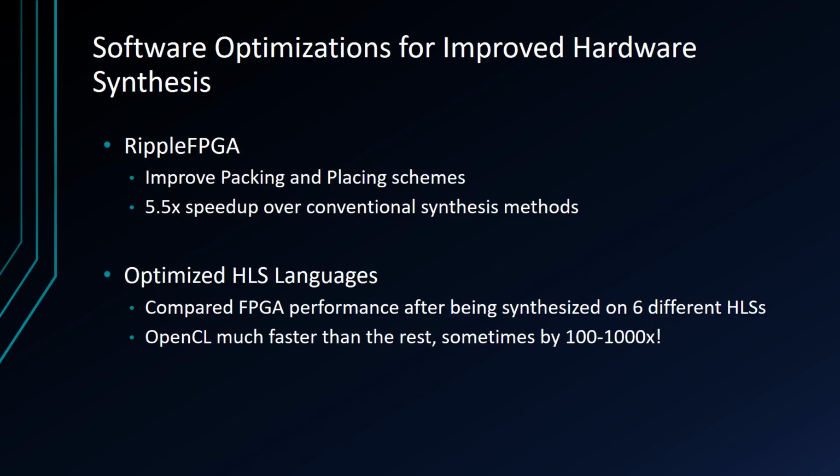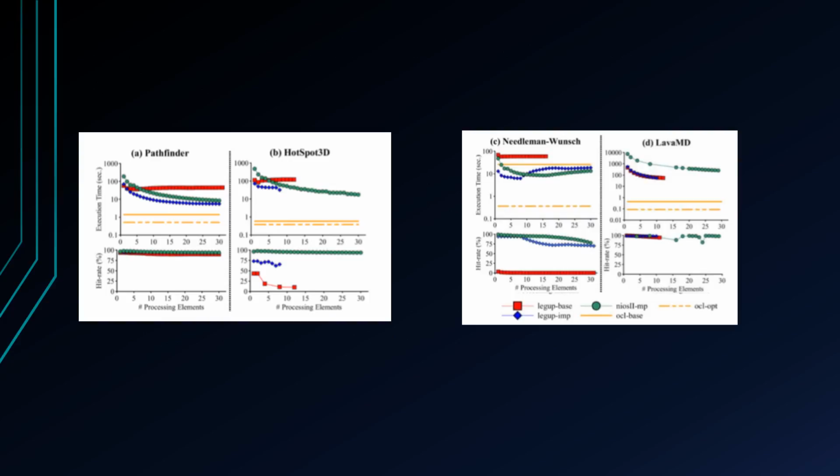And then next, I looked at some optimizations to high-level synthesis languages and found that they were a big determining factor in the overall speed of the FPGA after compilation. For this, I looked at 6 different HLSs in a research paper, and the conclusion was that OpenCL using Intel's SDK kit was much faster than the rest, as you can see on the next slide, with the yellow lines being the unoptimized and optimized OpenCL language.